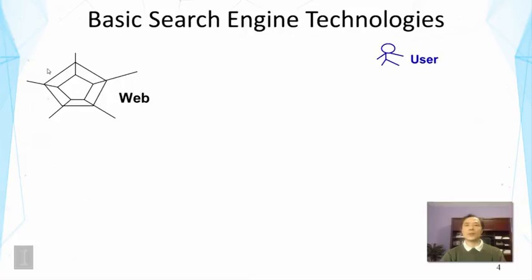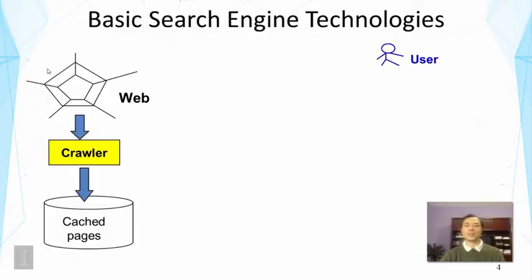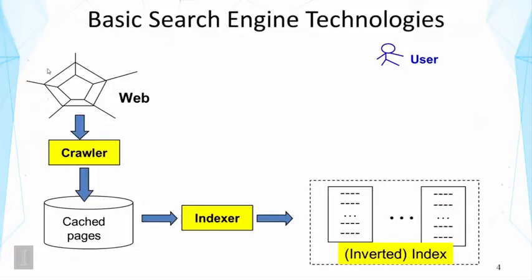So here's a picture showing the basic search engine technologies. Basically, this is the web on the left and then user on the right side, and we're going to help this user to get access to the web information. And the first component is a crawler that would crawl pages. And then the second component is the indexer that would take these pages to create an inverted index.